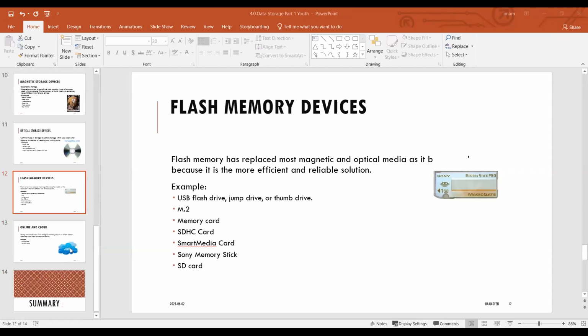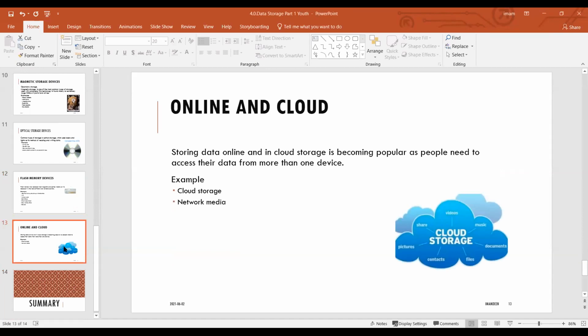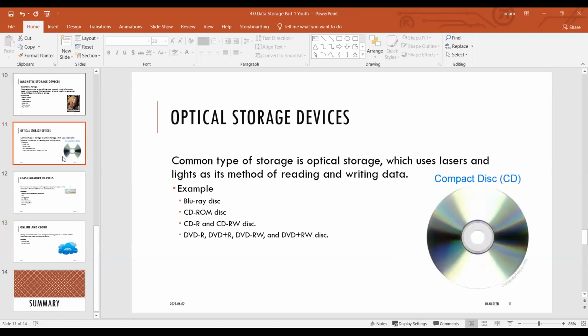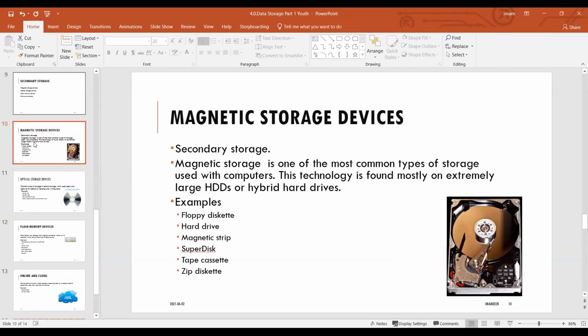Okay, so next, the modern part, the modern world. We are using cloud storage, so online storage. Storing data online is becoming popular. So now when we have seen all this, magnetic storage and the others are becoming outdated. Mostly these are outdated storage devices.